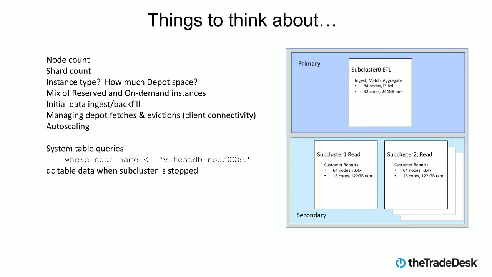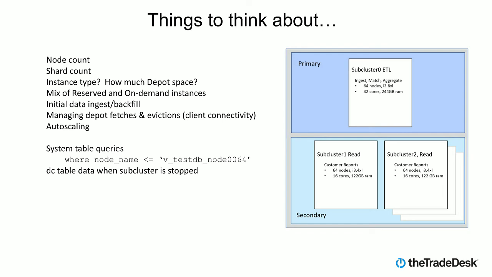So the last slide here, I just want to leave you with some things to think about if you're about to embark or getting started on your journey with Vertica Eon. One of the things that you'll have to think about is the node count and the shard count. They're kind of tightly coupled.